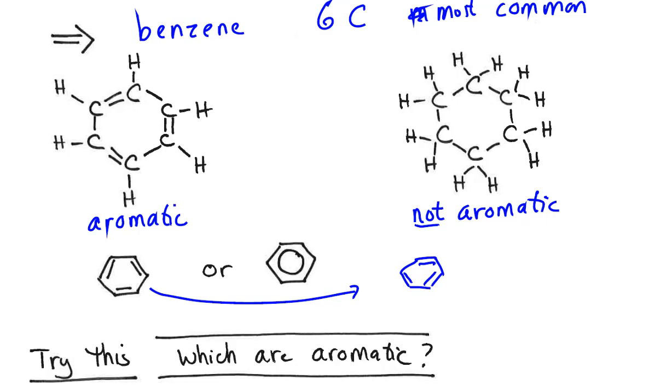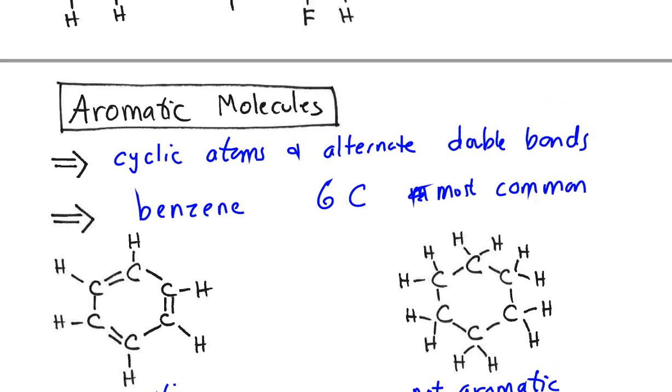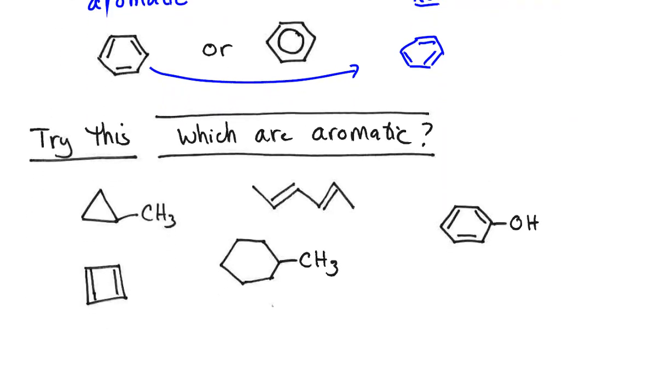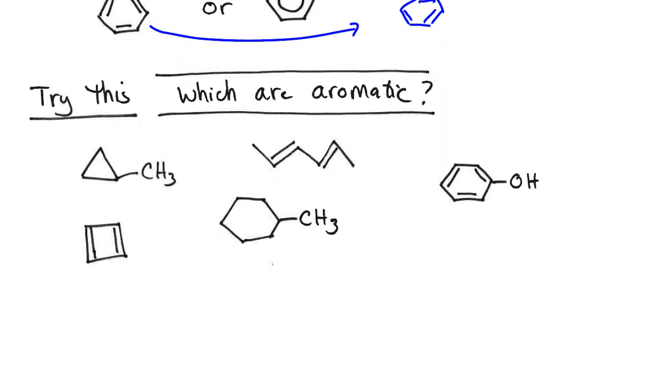All right, so remember, the criteria is it has to be in a circle, or it's cyclical, and it has to have alternating double bonds. So look at the 5 molecules I've drawn below and realize some of these are combination line angle and condensed structures, which is frequently done with organic molecules, and figure out which ones would be aromatic.